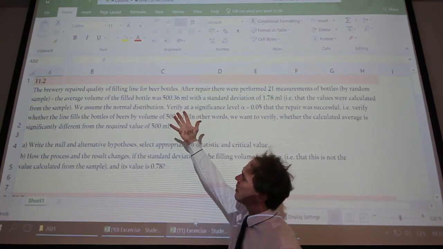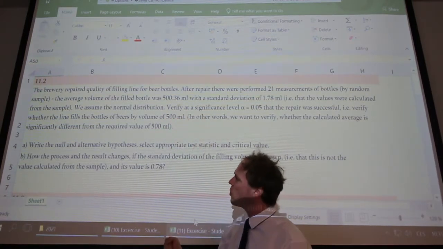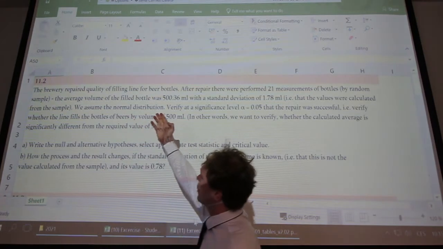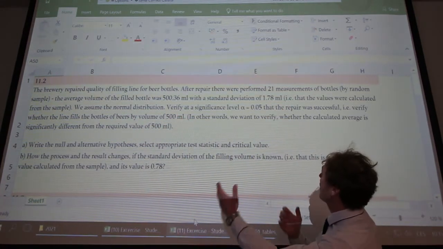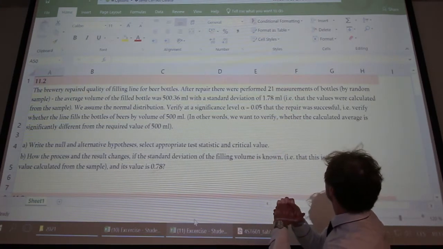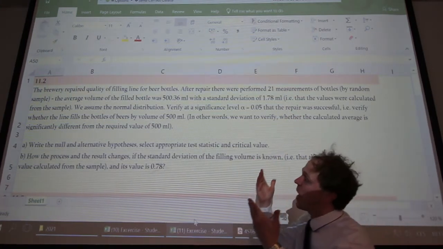So I've prepared this example for you. The brewery repaired the quality of the filling line for beer bottles. After the repair, 21 measurements of bottles were performed on a random sample.